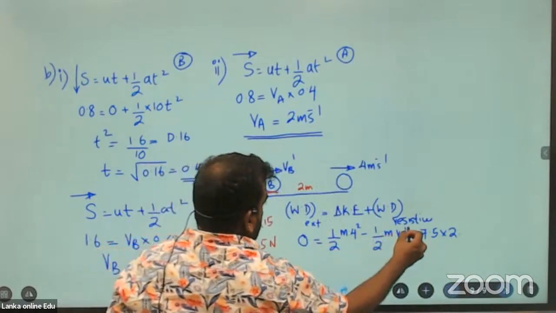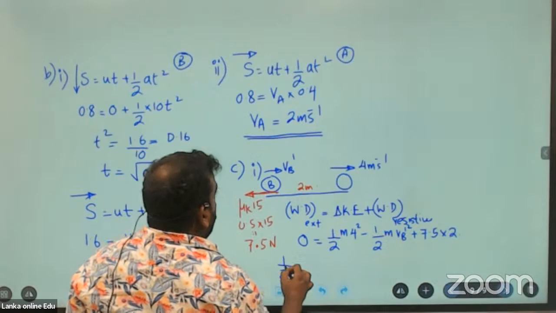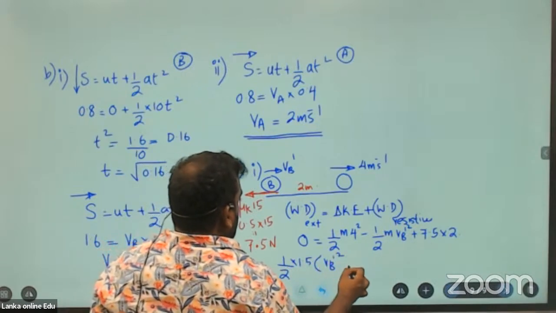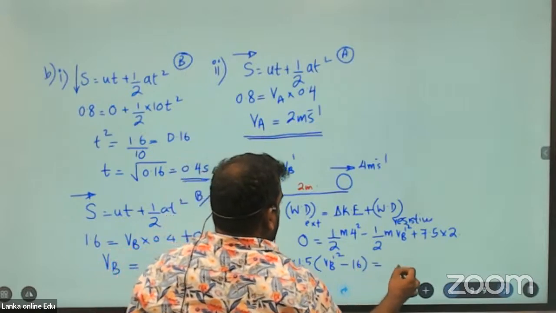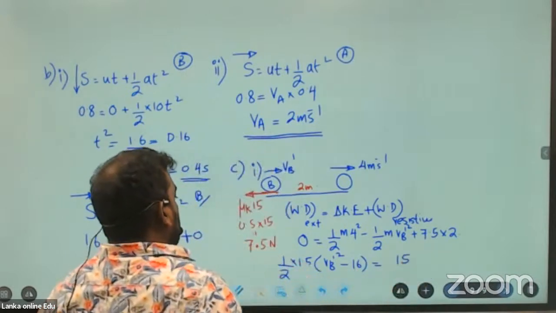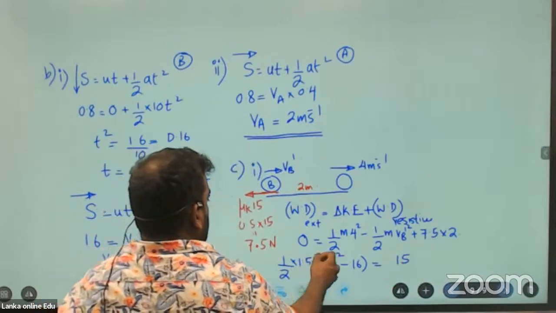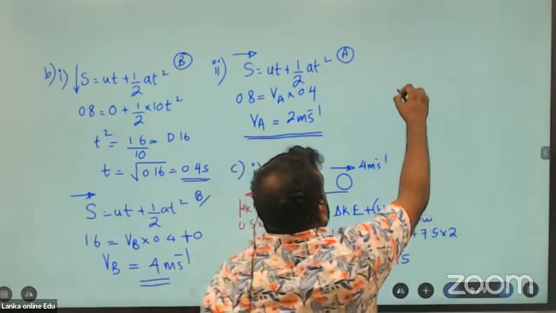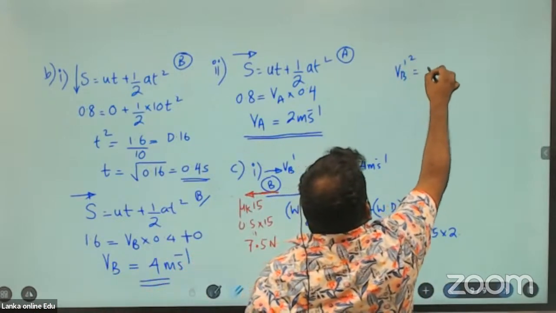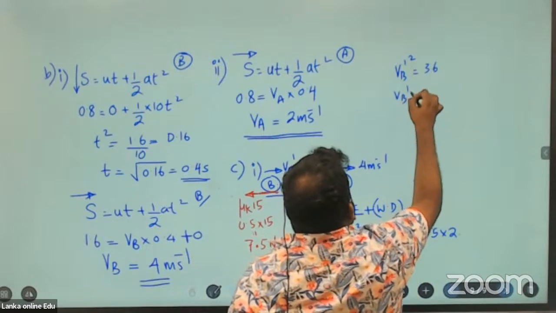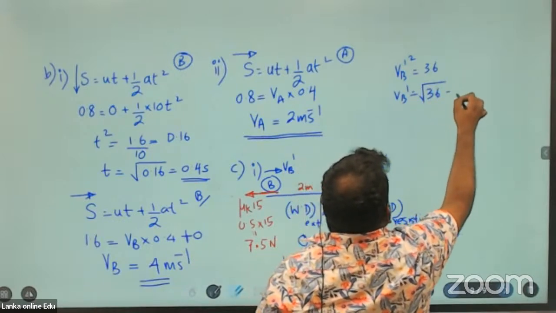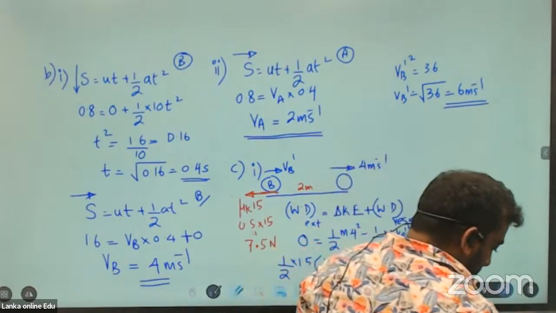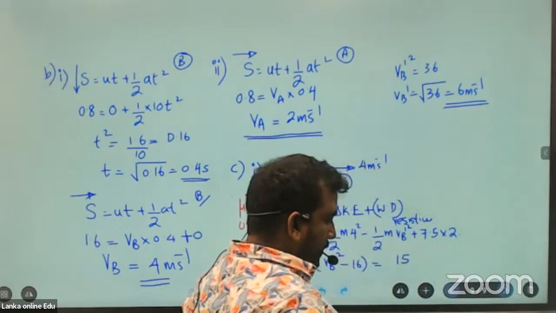Half times 1.5 times (vB dash squared minus 16) equals 15. Simplifying, vB dash squared is 36, so vB dash is the square root of 36, 6 meters per second. Simple work.